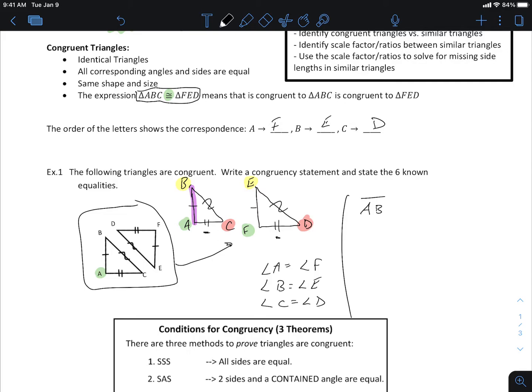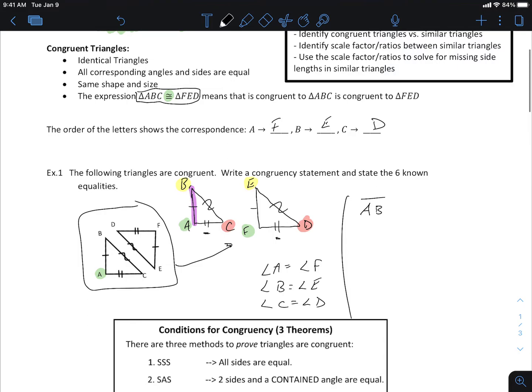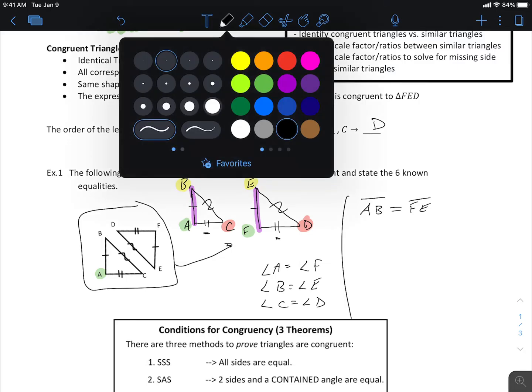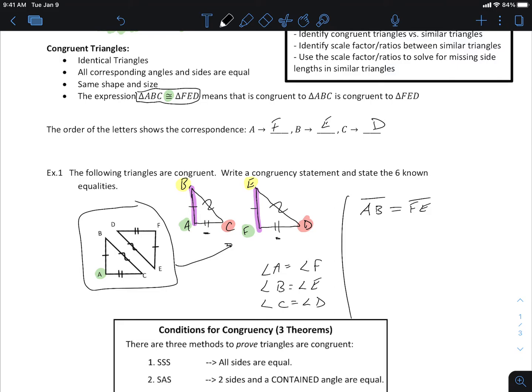And then to check or prove that something is congruent, AB must equal FE. Those two side lengths are equal. And then we have to say that AC, or you could do BC, has to equal ED.